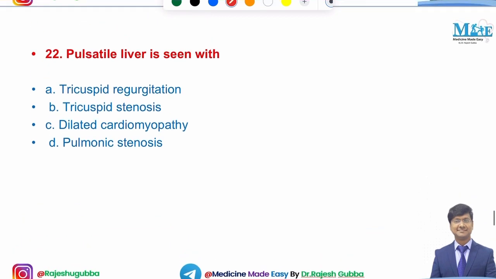The pulsatile liver is seen in tricuspid regurgitation, tricuspid stenosis, dilated cardiomyopathy, pulmonic stenosis. So pulsatile liver is seen in case of tricuspid regurgitation. See, in tricuspid regurgitation, the blood from the RV will be regurgitating back into the RA during systole.